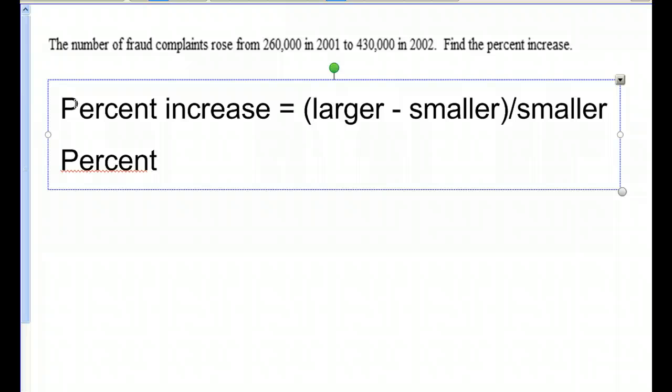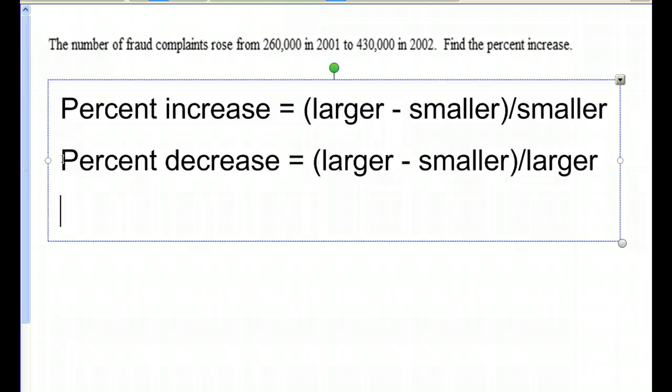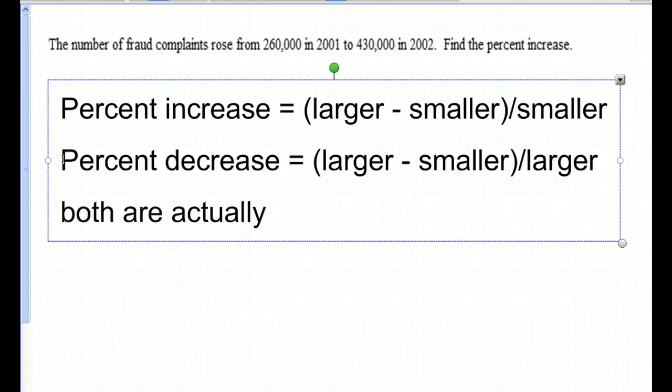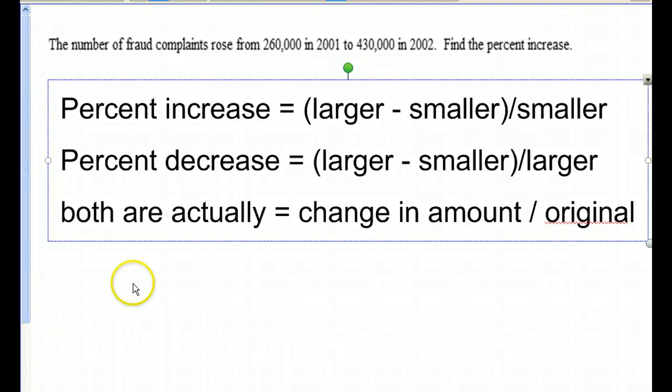And then percent decrease, the numerator is the same, meaning we always take the larger minus the smaller, but this time we're going to divide by the larger, because if it decreased, it was originally larger. But in both cases, what you're actually doing is equal to the change in the amount divided by the original amount. So that's what's going on when you do these percent increase decrease problems.